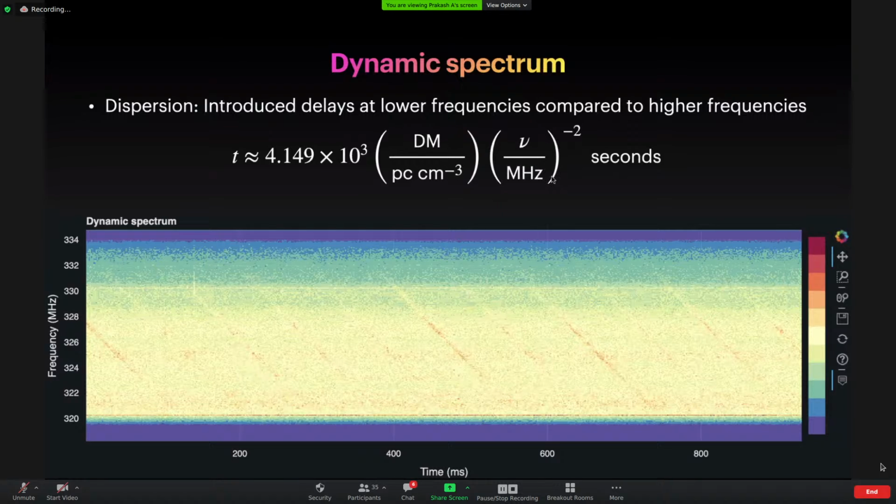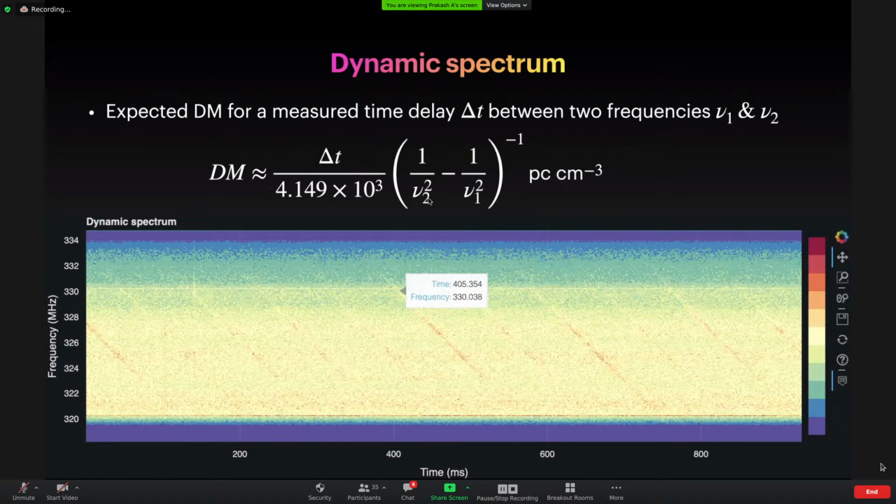So the equation can still be applied. To begin with, let's assume we don't know the DM, we cannot look it up somewhere. In principle, the data itself can be used to come up with a rough idea of the dispersion measure. The way you would do it is essentially pick two frequencies wide enough, and then see when the signal arrives for a particular streak, for a particular signal.